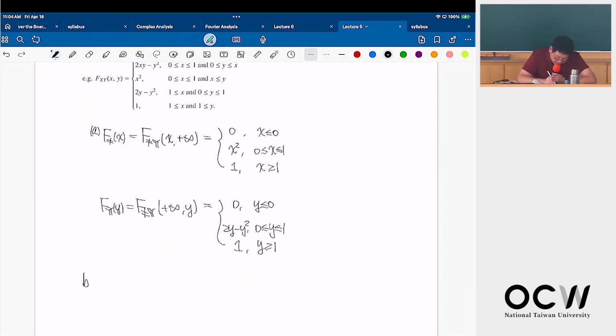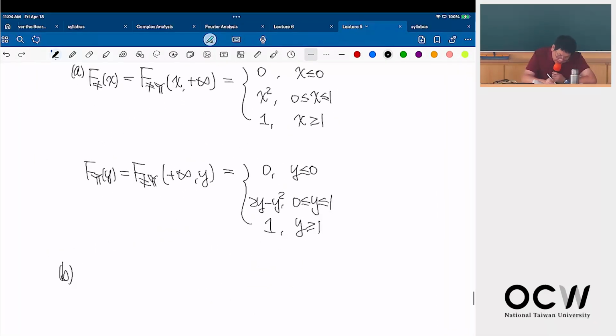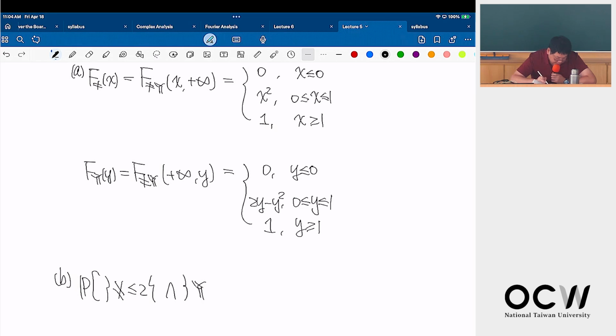So let's find the probability that X is less than or equal to 2, intersect that Y is less than or equal to 3/4.